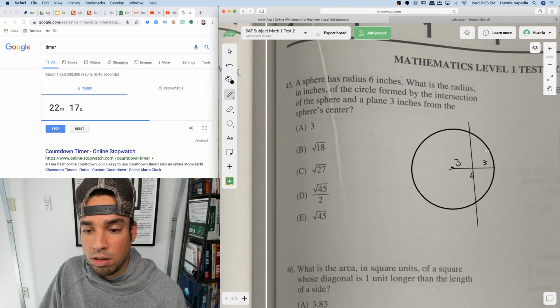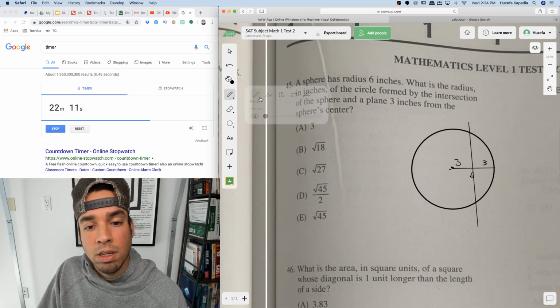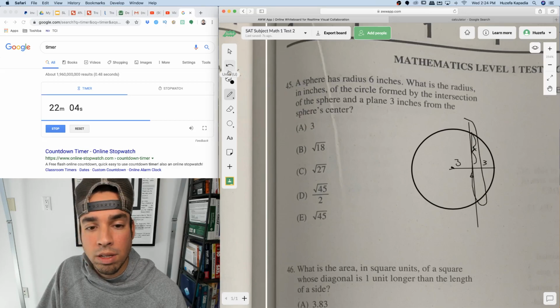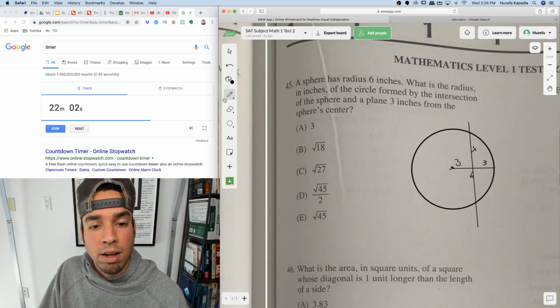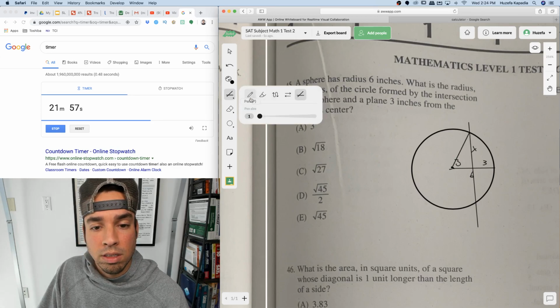And then what is the radius of the circle? It'd basically be this length right here, right? This would be the radius, because you see the circle would be like all the way there. So we're going to have to make a little triangle, 3, and we already know that radius is 6.